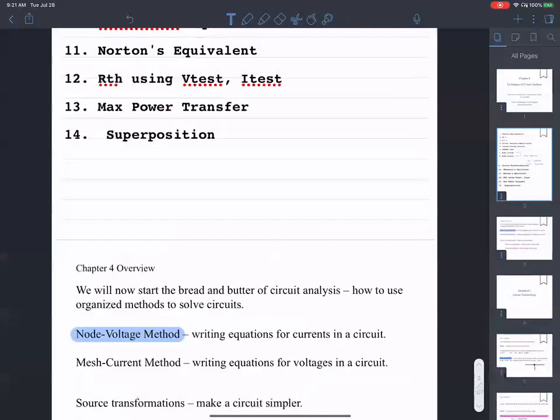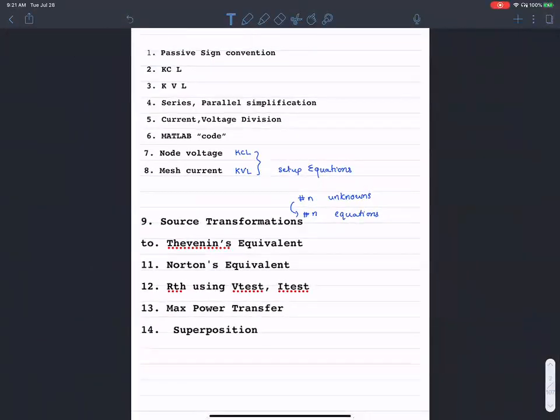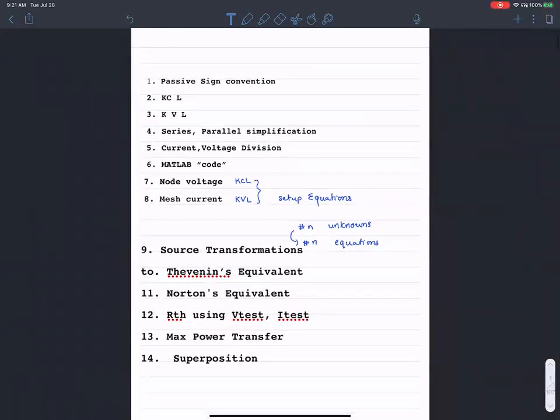And with this, we finish all the topics that we want to cover in chapter number 4. As you can see, this is a very lengthy, long chapter, but it does give you quite a number of 14 different tools to simplify and analyze the circuit.